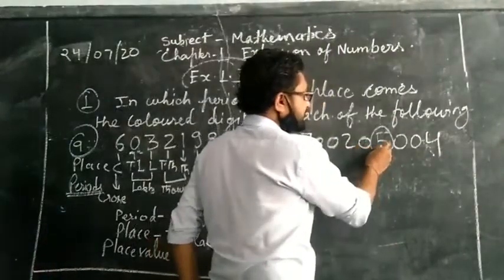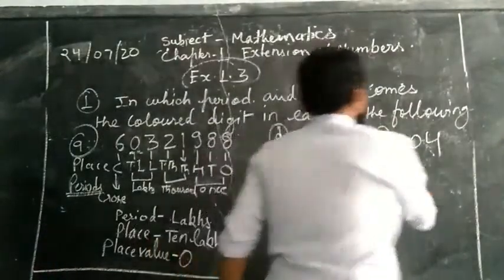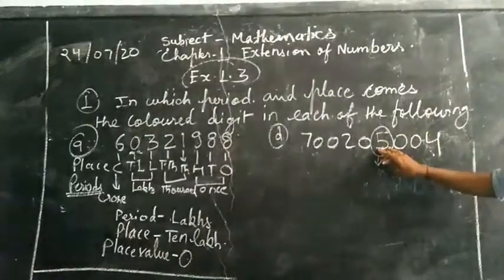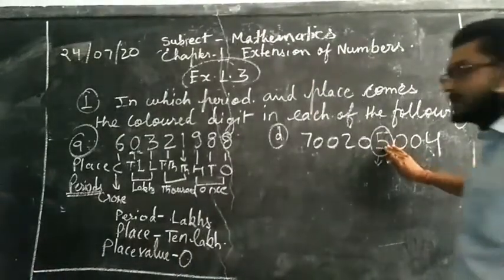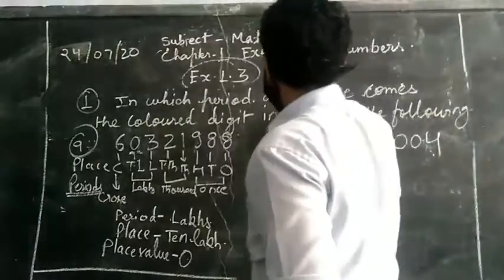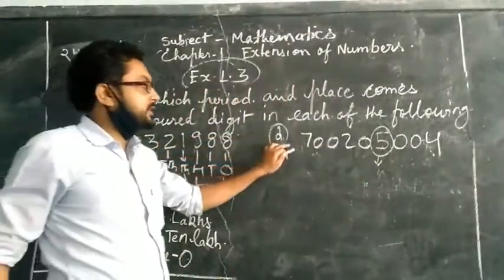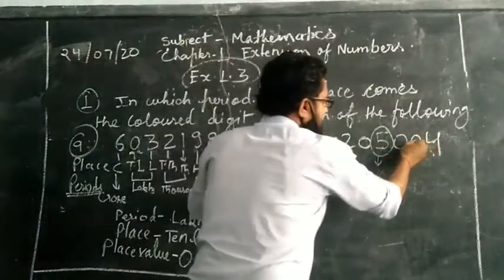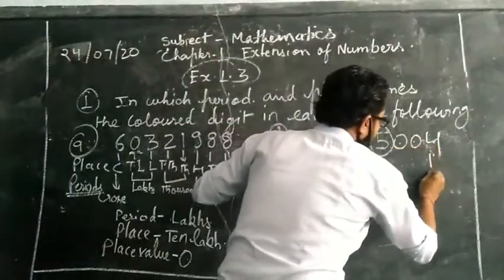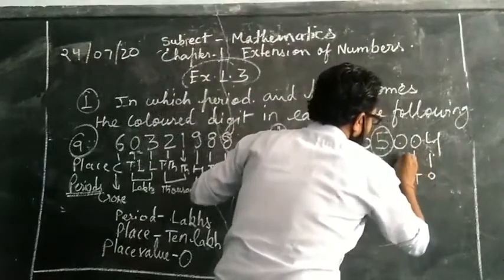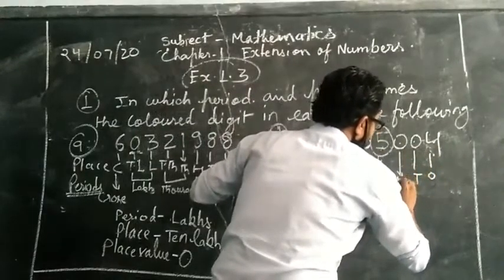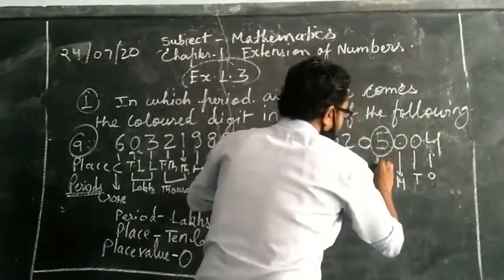In this number, you see the colored digit 5. Now in which period does it come and what is its place? So we will see here ones, tens, hundred, and this is the thousand place.